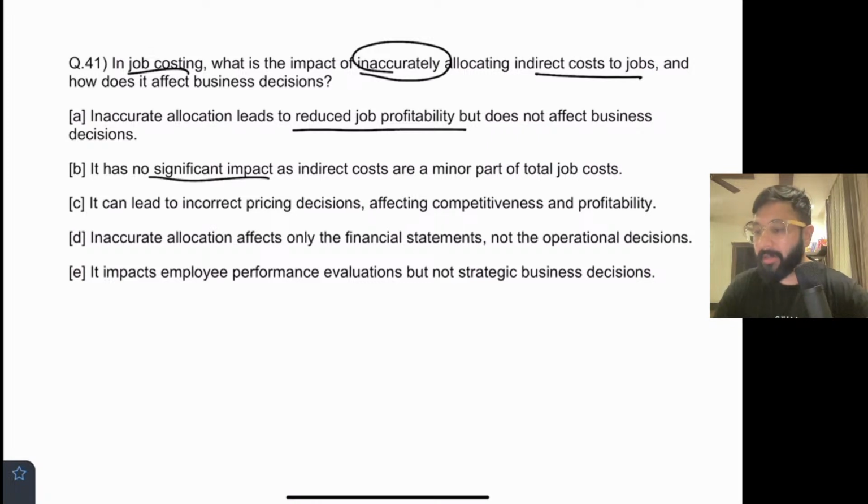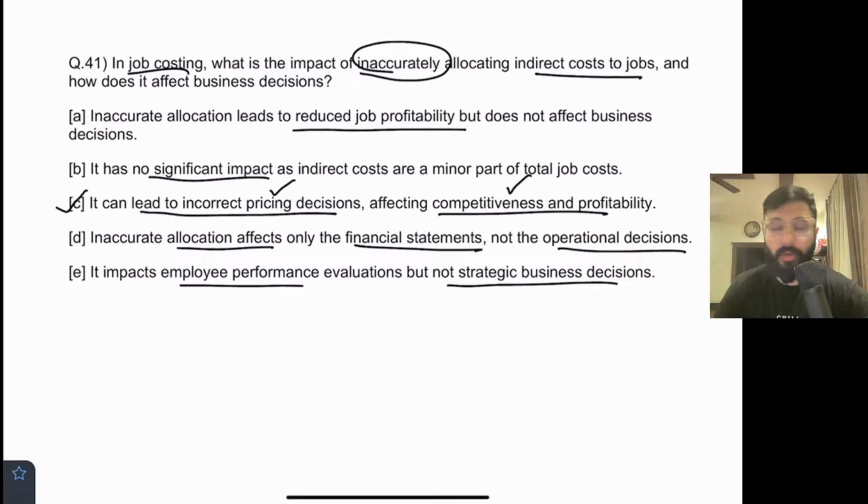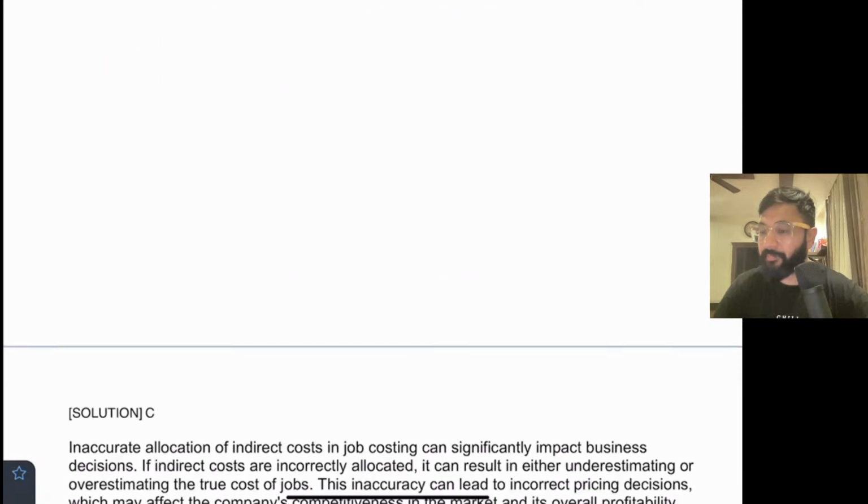No significant impact can lead to incorrect pricing affecting competitiveness and profitability. Inaccurate allocation affects only the financial statements, not operational decisions. Impacts employee performance but not strategic business decisions. The answer is option number C. It can lead to incorrect pricing and affects competitiveness and profitability.